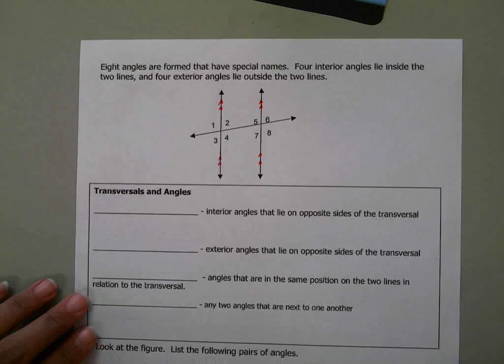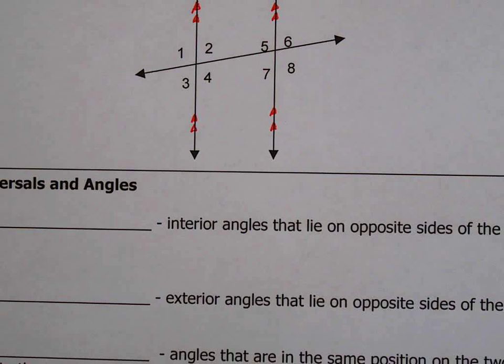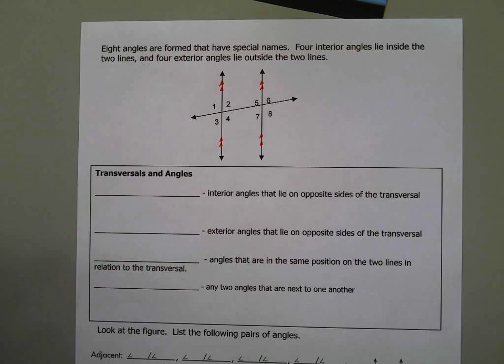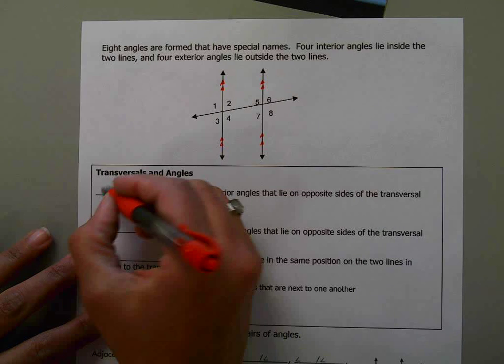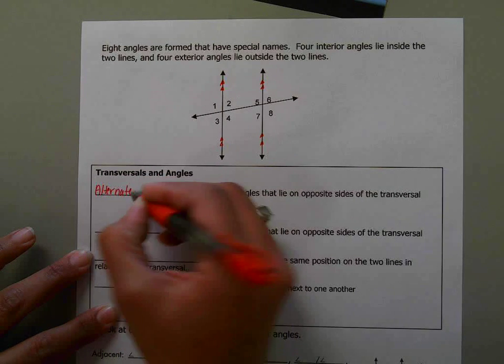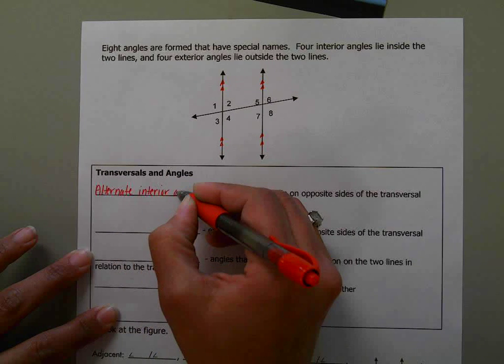So let's talk about what kind of angles these are. And I'm going to zoom out a little bit so we can see all of this. Okay, our first type of angles that we want to talk about are alternate interior angles.